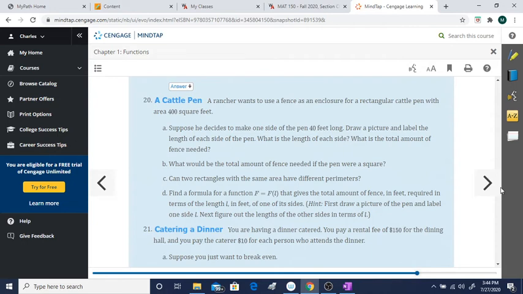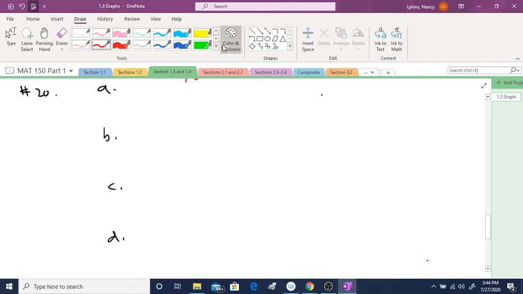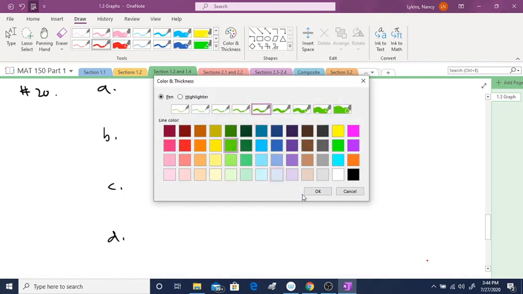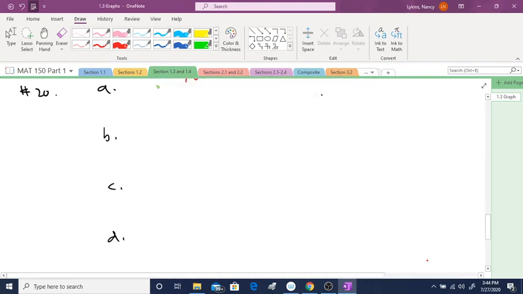Well, the key to this problem is understanding area. Area is going to be length times width.